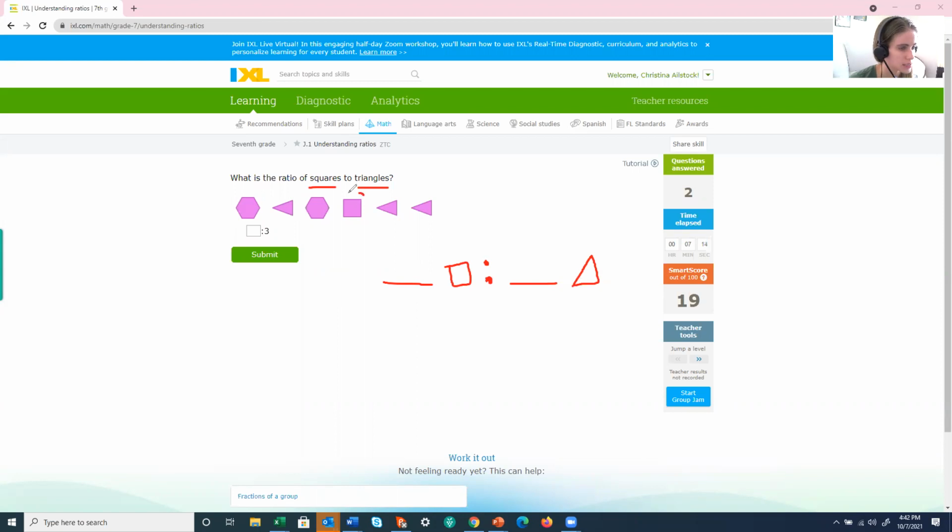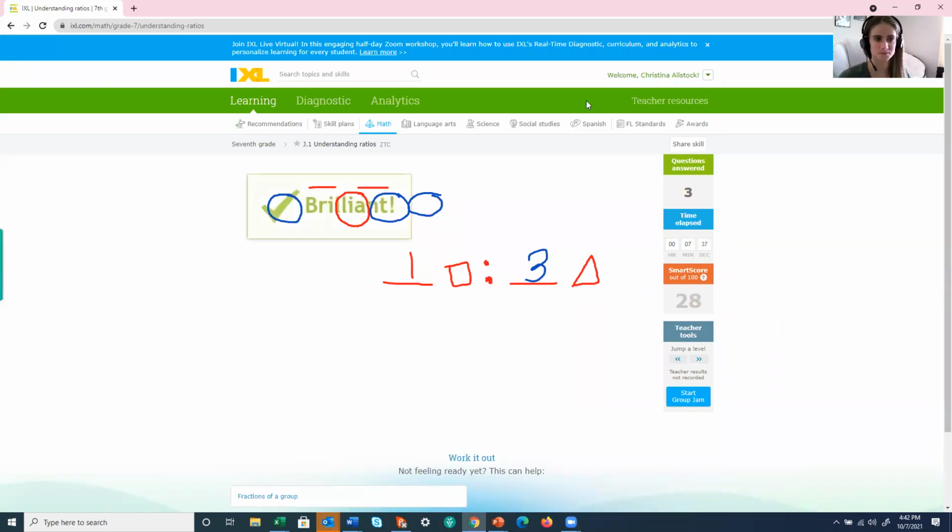All right, I see only 1 square. And then I see 1, 2, 3 triangles. And yes, there are other shapes. Yes, there are hexagons, but it's not asking me to compare that. So that's just an additional shape. So 1 square to 3 triangles.